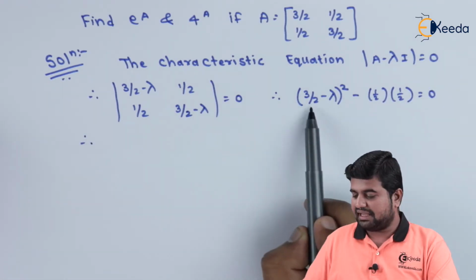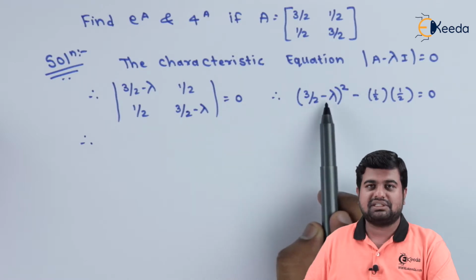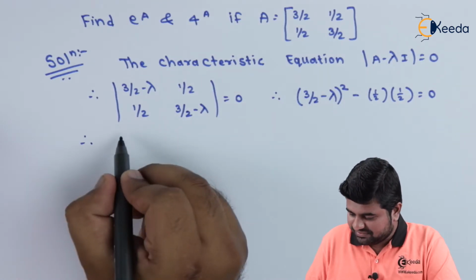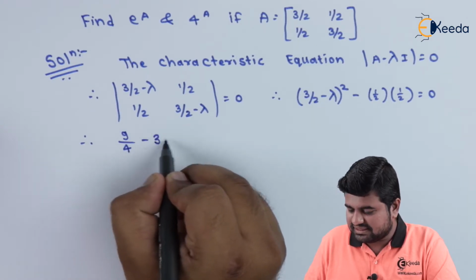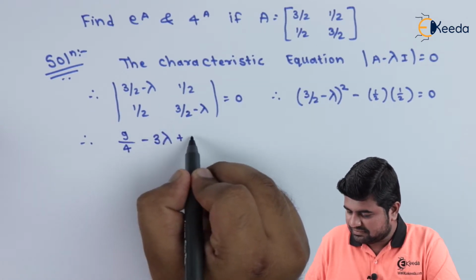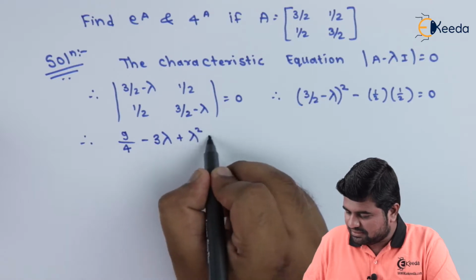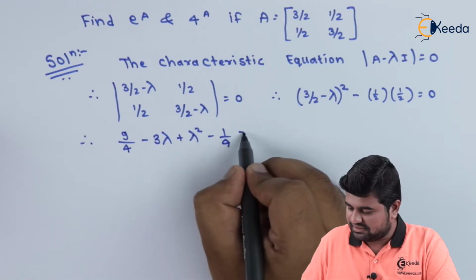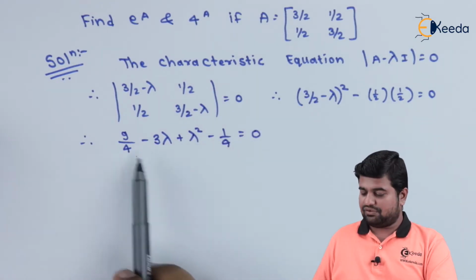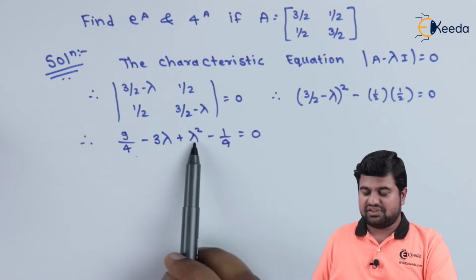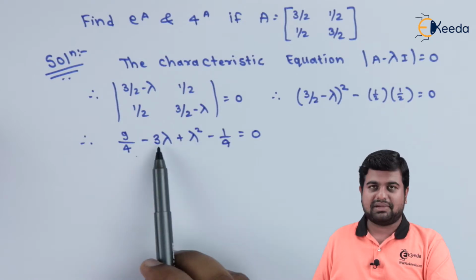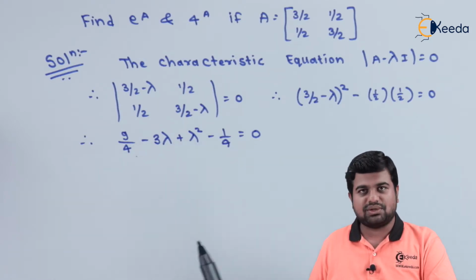Therefore, I am going to apply (a minus b) square, which is a square minus 2ab plus b square. Therefore, 9 by 4 minus 3 lambda plus lambda square minus 1 by 4 is equal to 0. Now 9 by 4 minus 1 by 4 is 8 by 4, which is 2. So we have lambda square minus 3 lambda plus 2 is equal to 0.